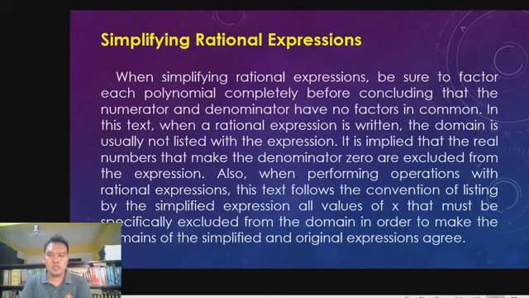Also, when performing operations with rational expressions, this text follows the convention of listing, beside the simplified expression, all values of x that must be specifically excluded from the domain in order to make the domain of the simplified and original expressions agree.